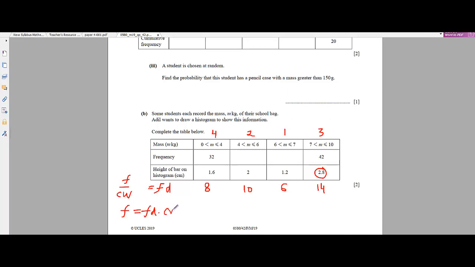So these are the actual frequency densities. 8 multiplied by class width 4 gives us 32. 10 multiplied by 2 is 20. 6 multiplied by 1 is 6. 14 multiplied by 3, 14 3s are 42. Now if you have to draw the histogram, on the x-axis you will write this, and on the y-axis you will use these frequency densities.